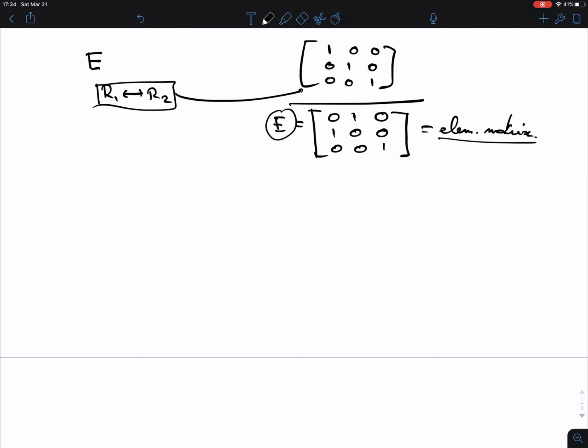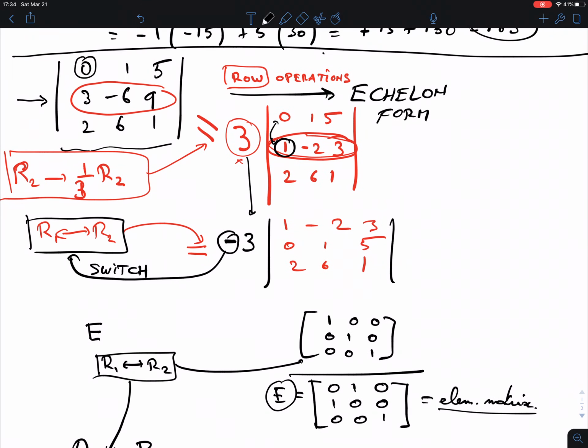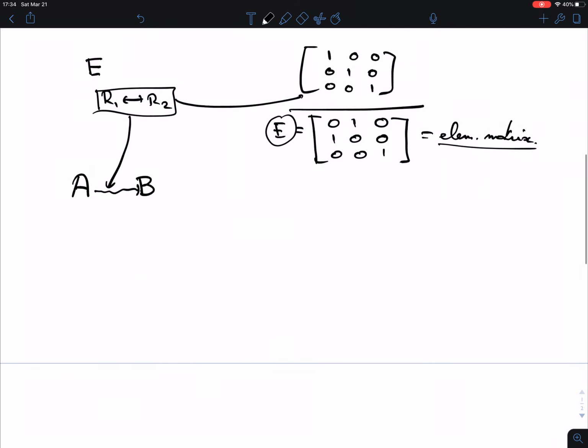Okay, so let me write. If I have a matrix A and I do this row operation, I get a new matrix. Let's call it B. So for instance, here's the example. This was my A, and I do the row operation and I get this matrix B. If I do this, remember, that is the same as saying that you actually multiplied A with this E here.